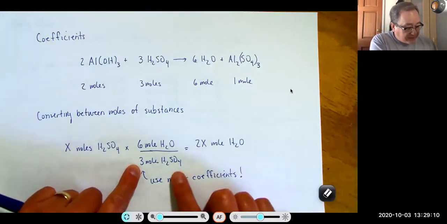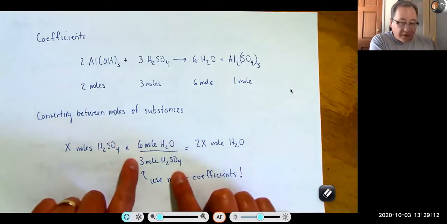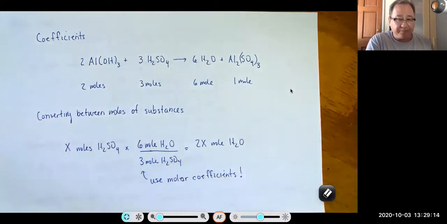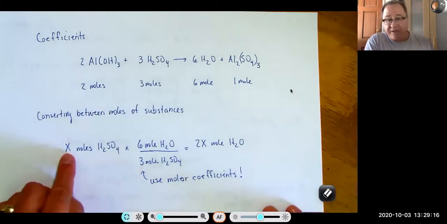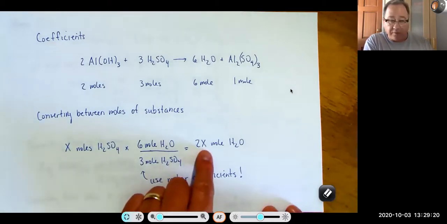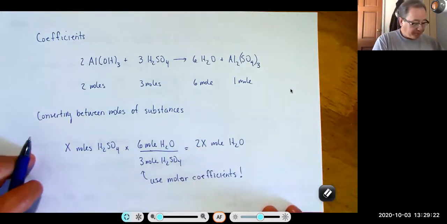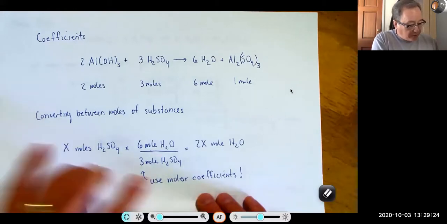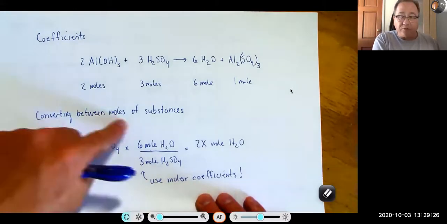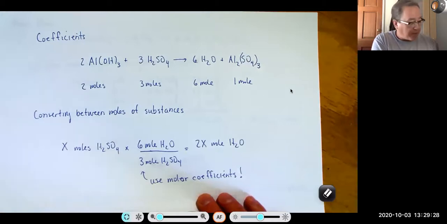So we get these numbers here from the balanced reaction. And remember, I said we're going to pretend this is 2. So if we start with 2 moles, we'd end up with 2 times 2, or 4 moles of H2O. So we use these molar coefficients when we convert between moles of one substance and another from a balanced reaction.